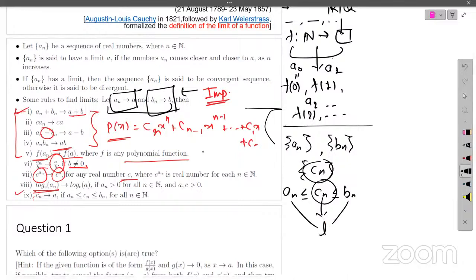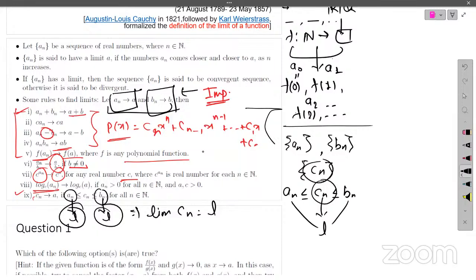So if AN converges to limit L and BN converges to limit L, then the limit of sequence CN is also equal to L. Because of the same limit, we can force the sequence CN to converge to that limit.